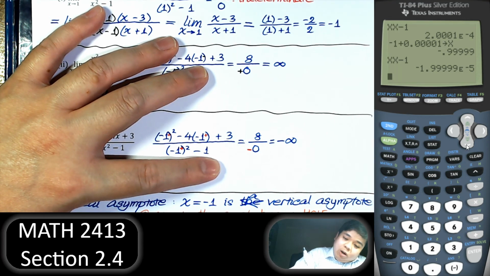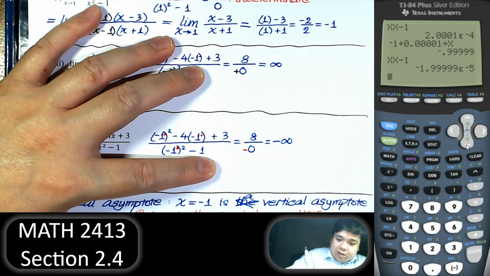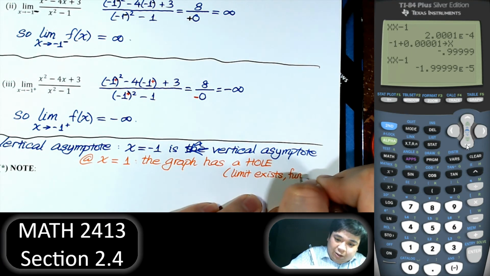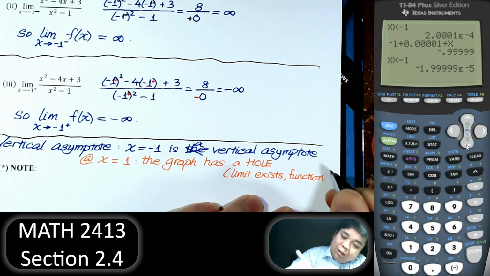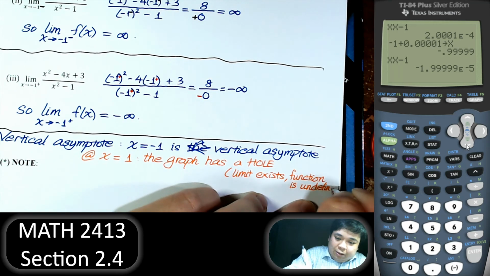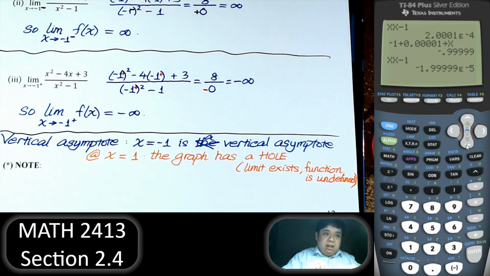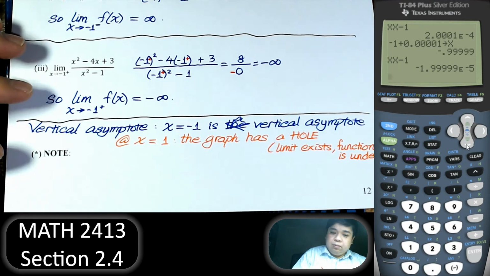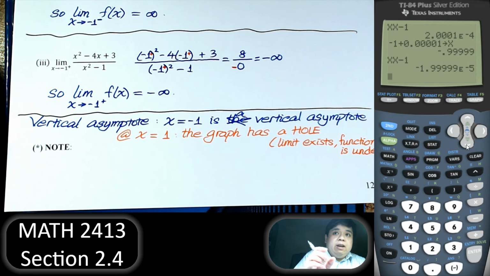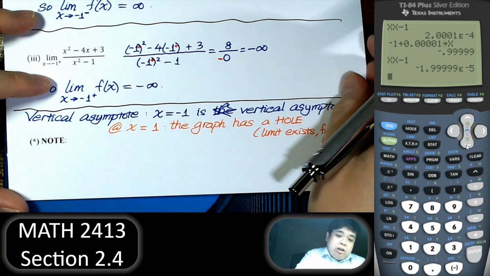And when we say a hole, it means the limit exists, the function is undefined. That is a hole. That's essentially what we have here. If we have a rational function, and top and bottom both equal 0, then there's a hole on the graph.